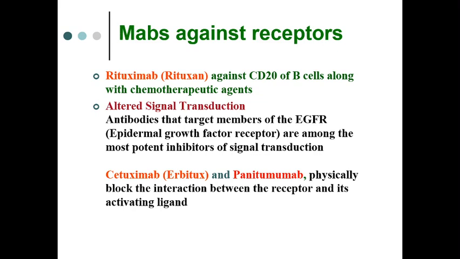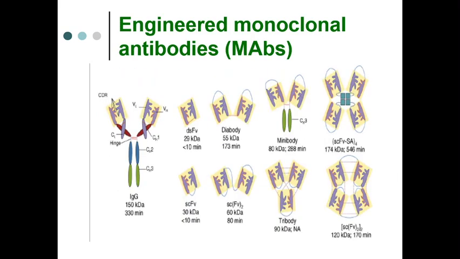And these B lymphocytes, which overexpress CD20 receptors in B cell lymphomas, are targeted specifically by using this monoclonal antibody, which is conjugated with a chemotherapeutic drug. The chemotherapeutic drug is bound to the monoclonal antibody by a peptide chain which is linked to the FAB region, or fragment of variable region.